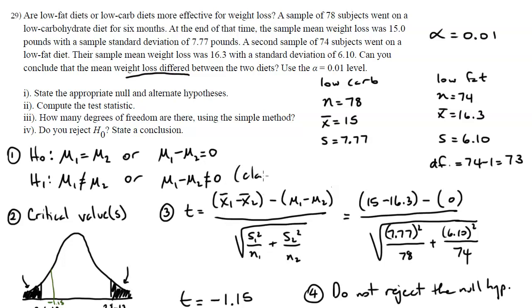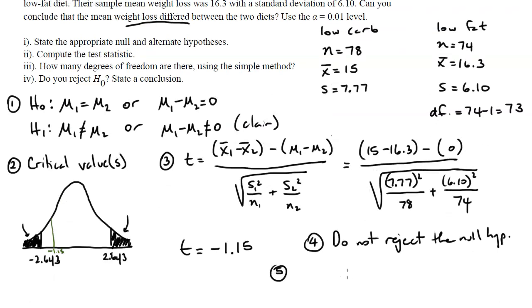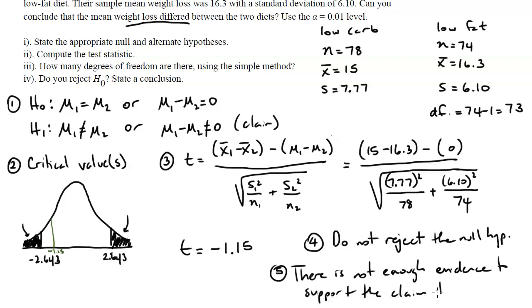Here's the claim. So the conclusion is 5. We don't reject the null hypothesis, so there's not enough evidence to support that claim that mean weight loss differed between the two diets, etc., etc.